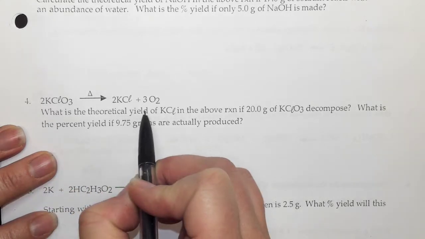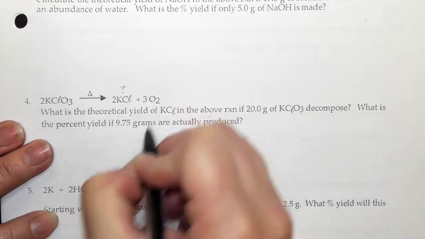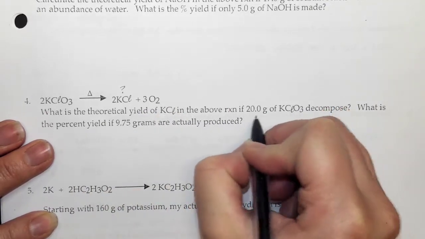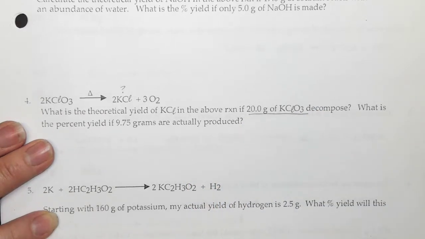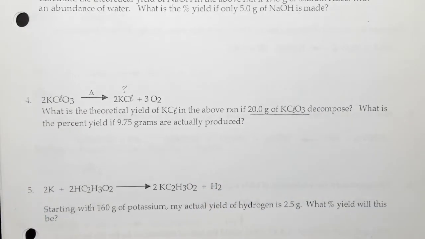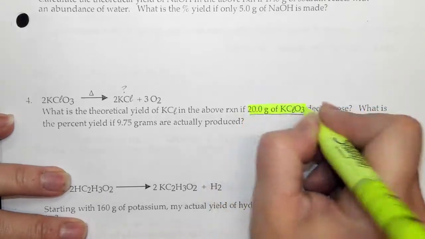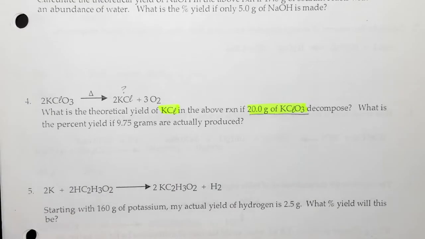What is the theoretical yield of KCl in the above reaction if I start with 20 grams of KClO3? Can I calculate the percent yield yet? Do I have enough information? No. The first thing I have to do is calculate how much KCl I can make.